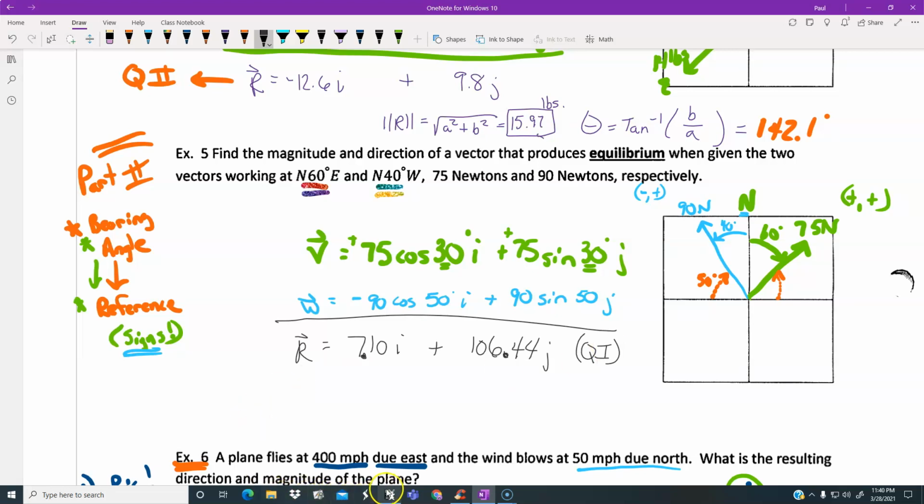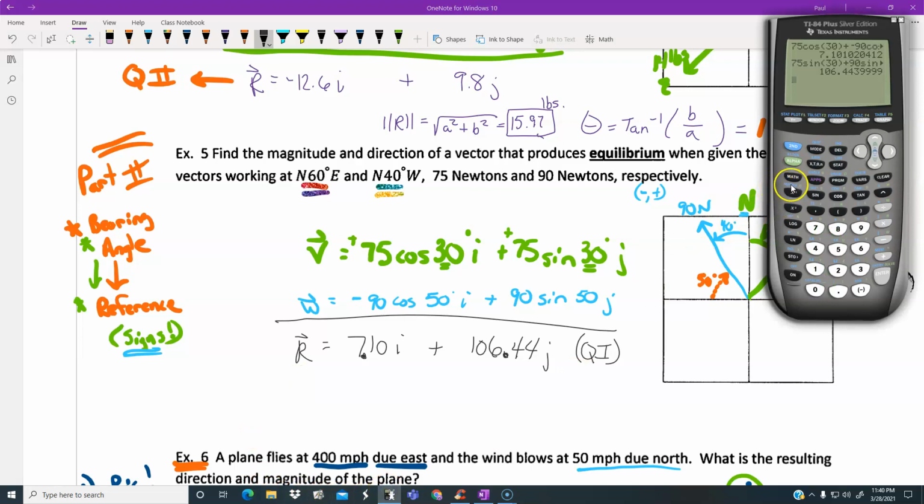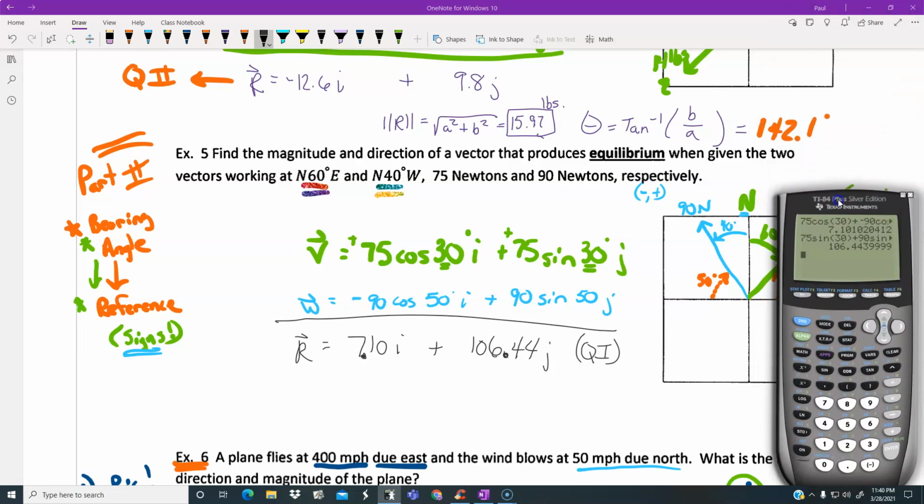Now, since I stored those already as alpha A and alpha B's, I can calculate the magnitude and direction relatively quickly. But before I do so, I'm going to actually talk about one other word that actually is important here.